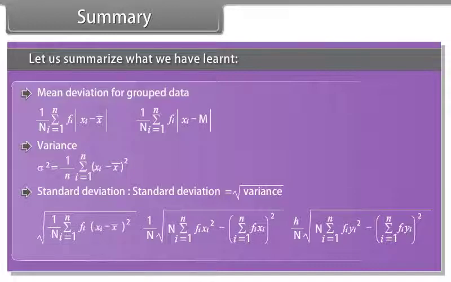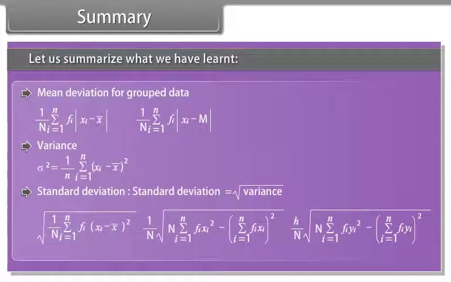1 divided by N is multiplied by the square root of the difference between the summation from i = 1 to n of the product between frequency fi and square xi multiplied by capital N and the square of the summation from i = 1 to n of the product between fi and xi.